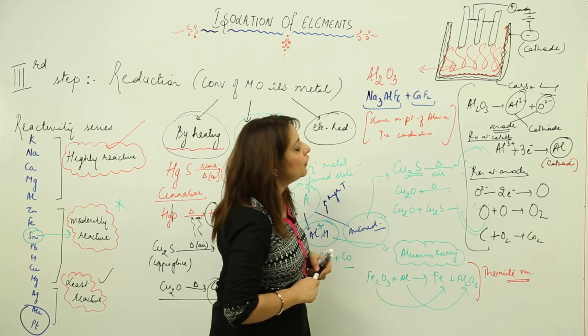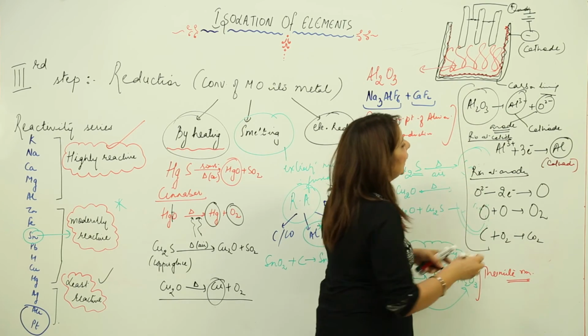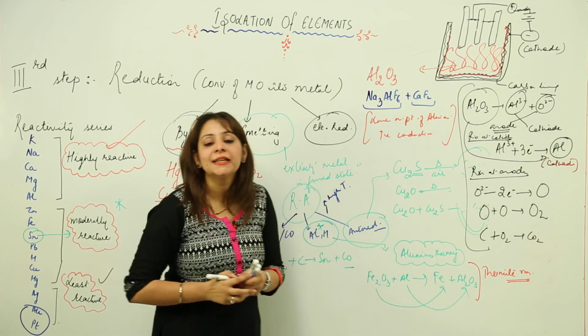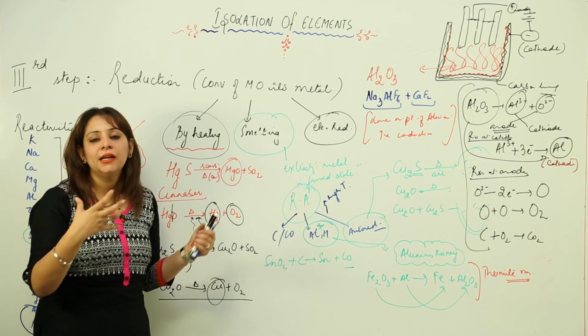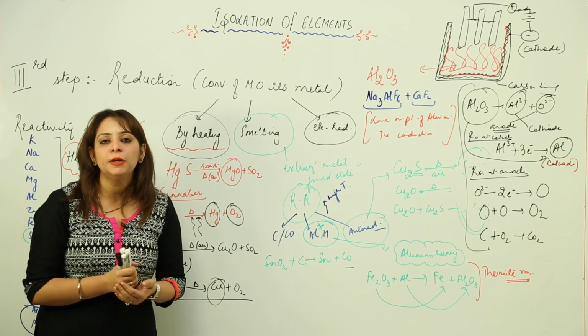So what did you get at the end of this? Earlier it was alumina, Al2O3, and after the reaction it gets reduced to aluminium. This is what we were looking for, right? We opted for this third step only to get the metal from the metal oxide.